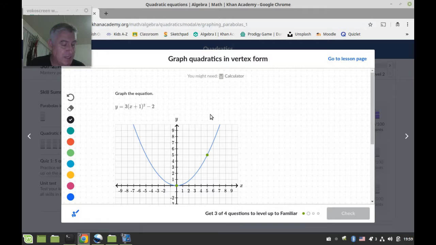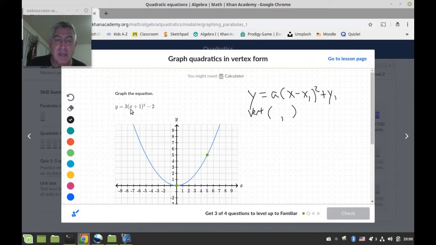Okay, so again, we've got our vertex form. It's getting a little late here. So I want to find x minus x1. I want to know what x1 is, and I want to know what y1 is to find my vertex.